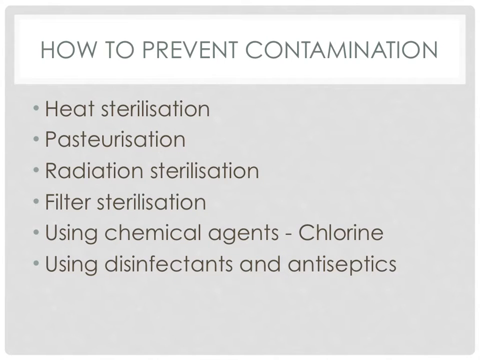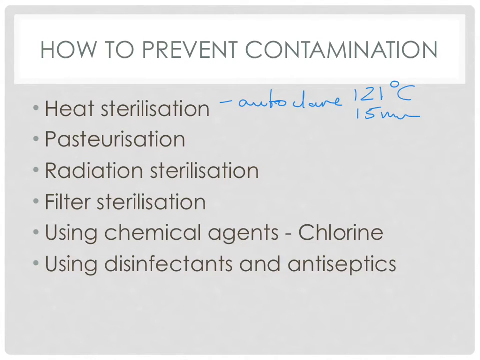So, ways of preventing contamination. Well, you can use heat, and the sort of thing you would use for that is an autoclave. An autoclave is a device that allows steam to enter into it. It's a sealed unit, and you have that steam under pressure, and you can produce a temperature of around 121 degrees Celsius, maybe for something like 15 minutes.